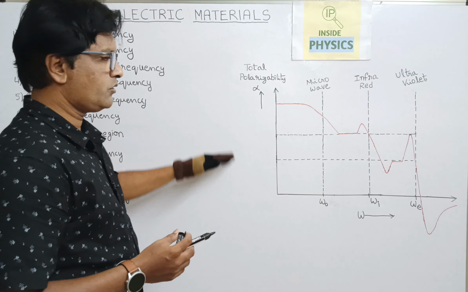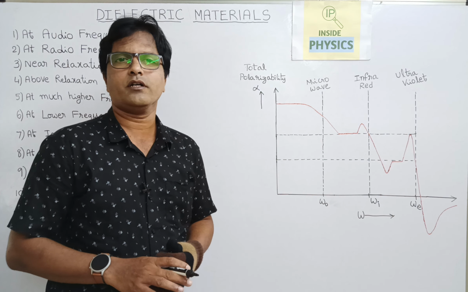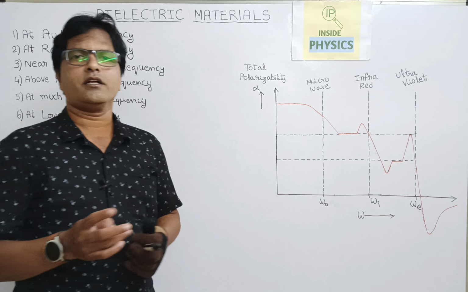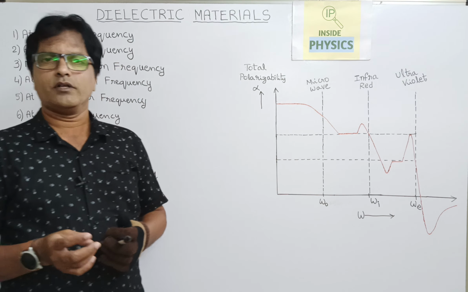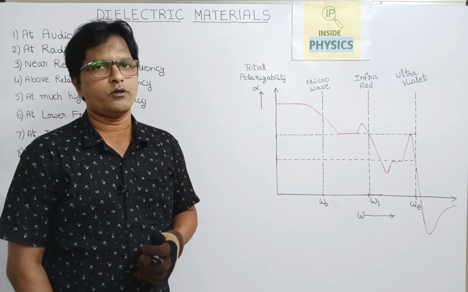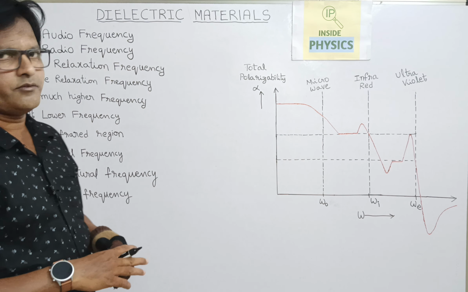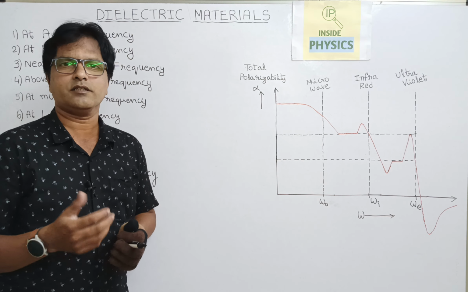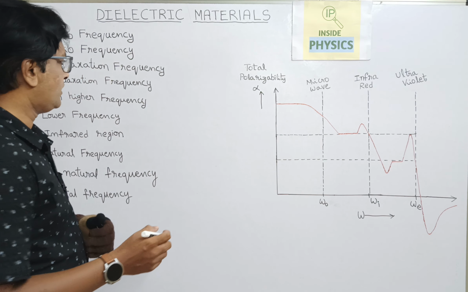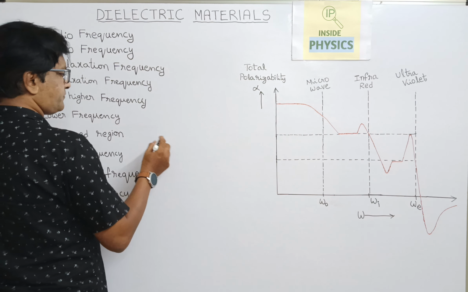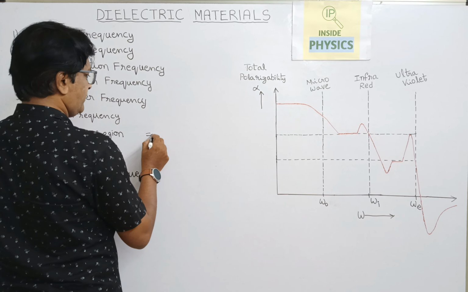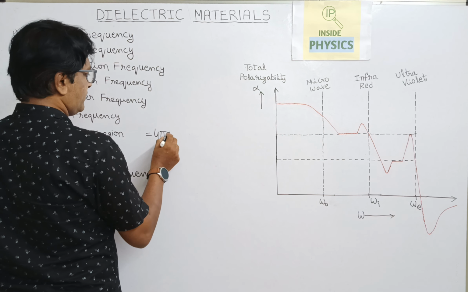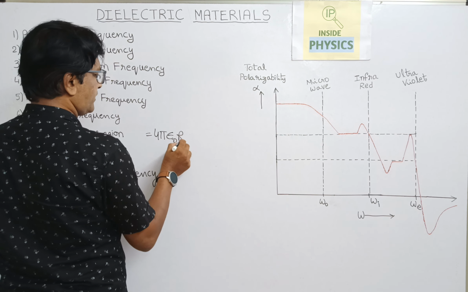We all know the total polarization. Polarizations are of four types: electronic, ionic, orientation, and space charge polarization. We already derived those mathematical relations in the previous videos. The total polarizability is given by 4 pi epsilon naught r cube.